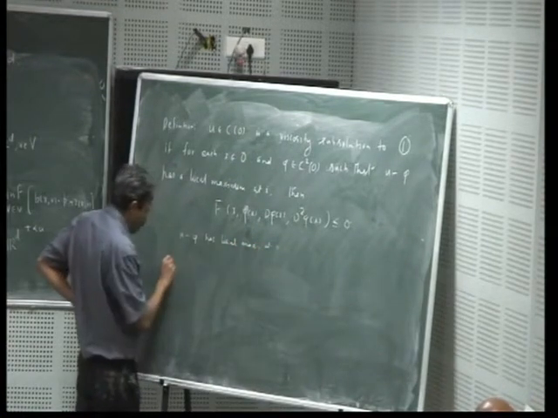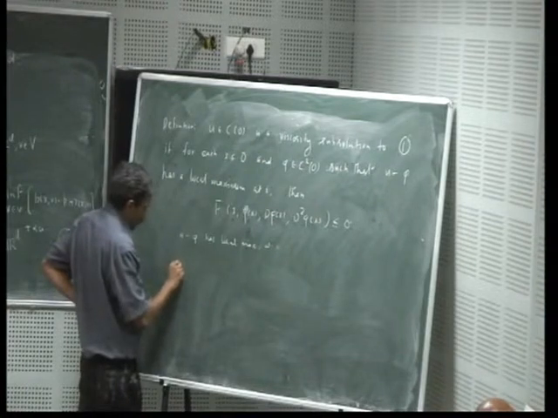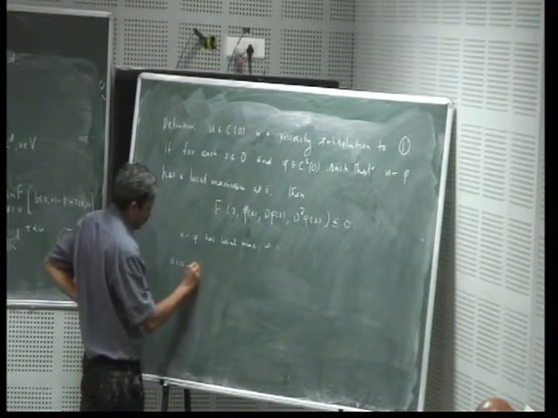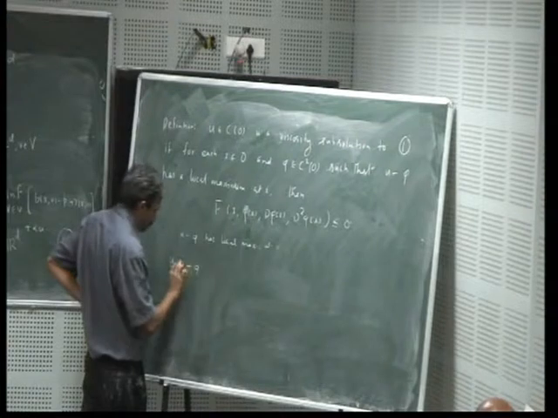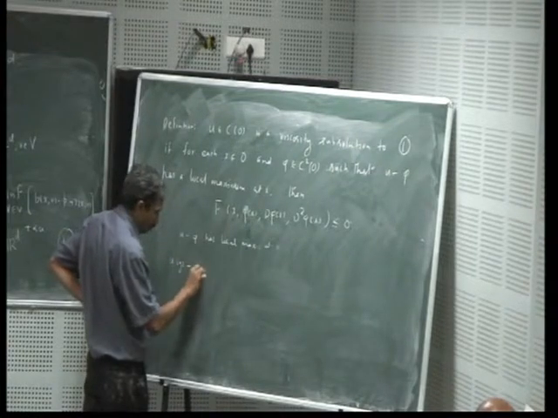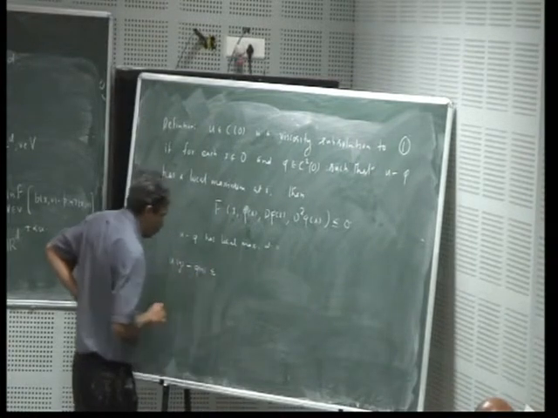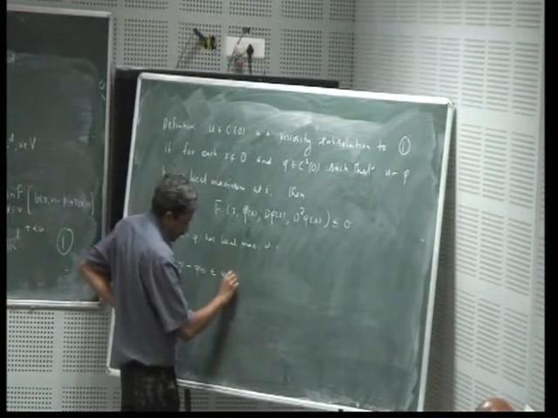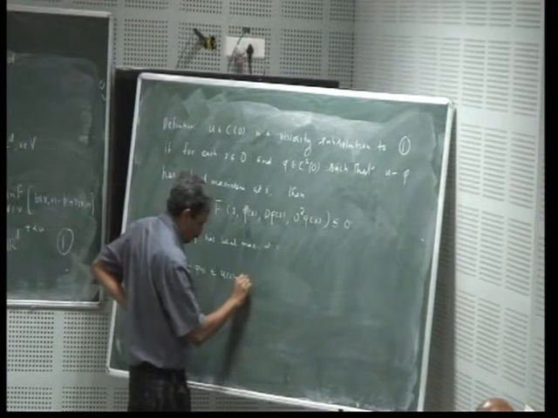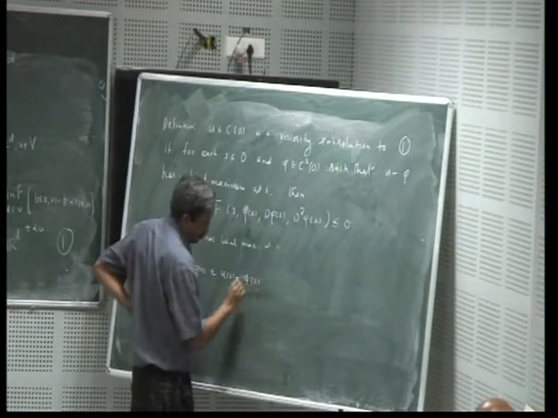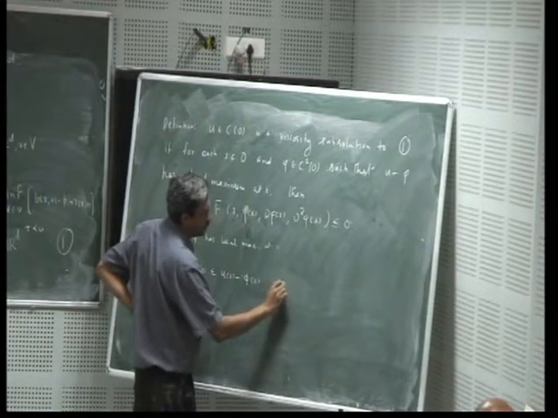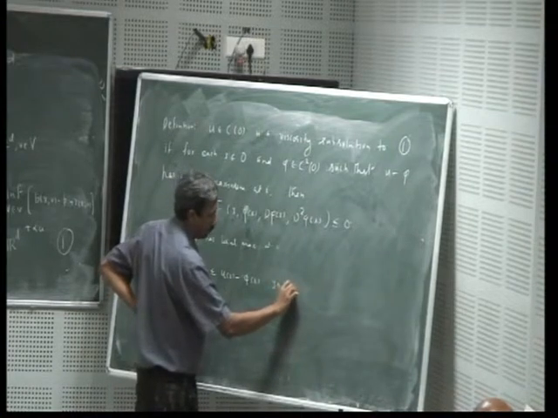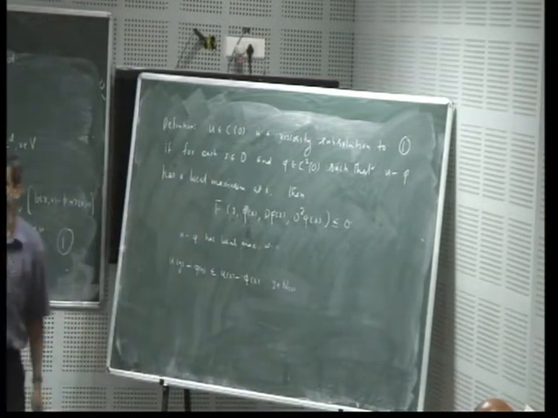Then what one gets is u of x minus u of y minus phi of y will be less than or equal to u of x minus phi of x, where y is in a neighborhood of x.